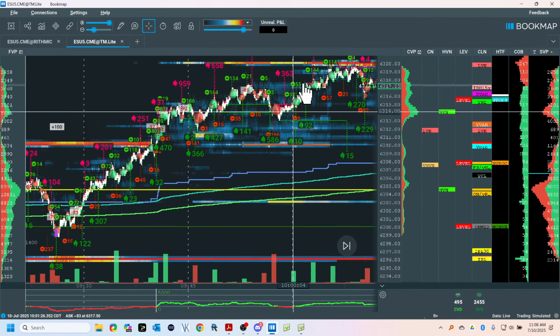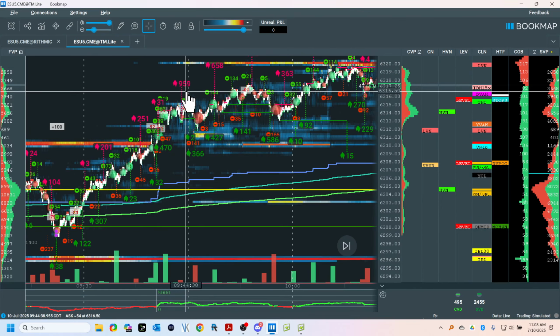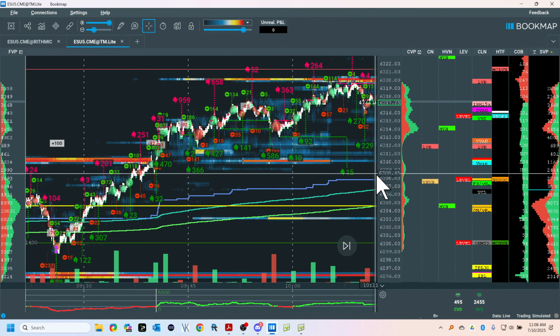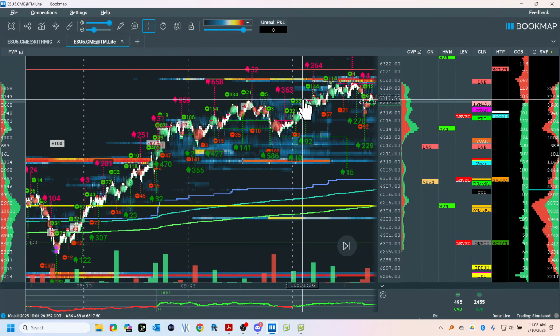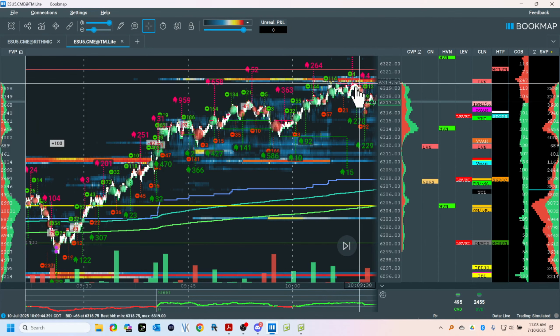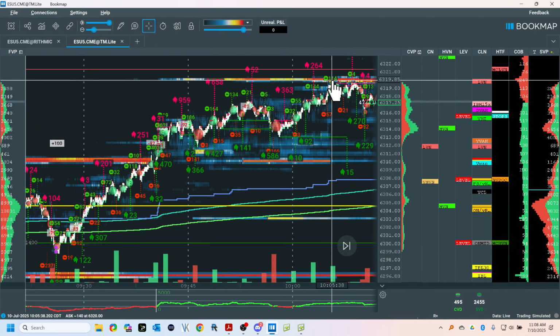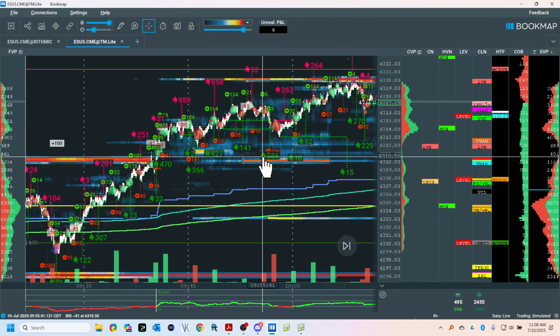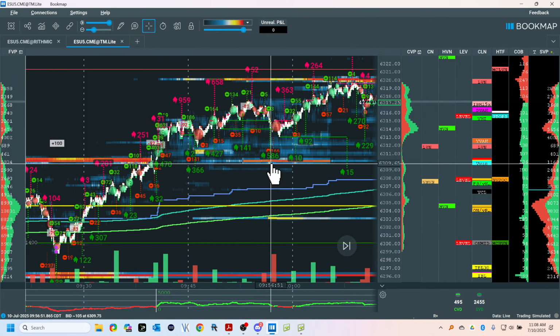So that's, and notice the liquidity. Where was the liquidity here? Liquidity comes in here. Obstacle. So if you're working with this, you could be using this as support, subject to time frame and how you manage your trade.